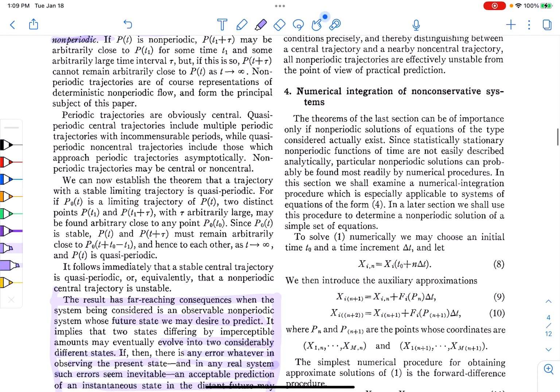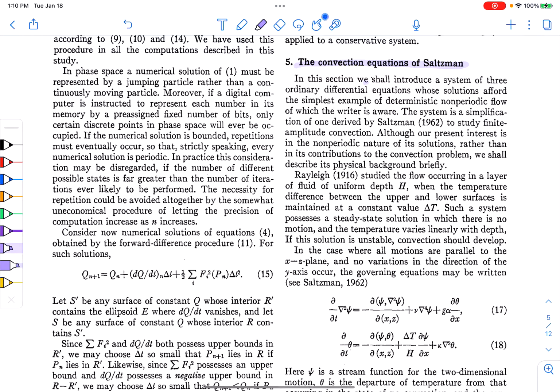This goes back to a simpler equation by Saltzman. He says we're going to introduce a system of three ordinary differential equations whose solutions afford the simplest example of deterministic non-periodic flows. He actually makes it a little simpler than the original system that Saltzman gave, and he calls them finite amplitude convection equations to model atmospheric convection.